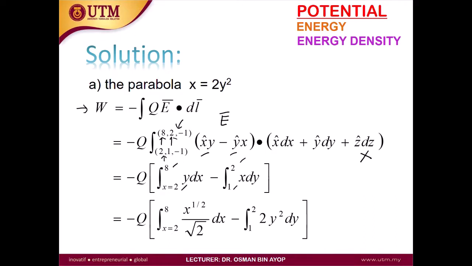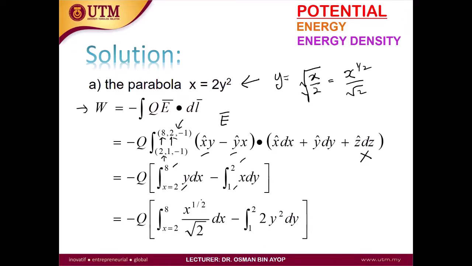Then we have to change y, because from this expression we can write it in terms of x. y is equal to the square root of x over 2, or x to the 1/2 divided by square root of 2.